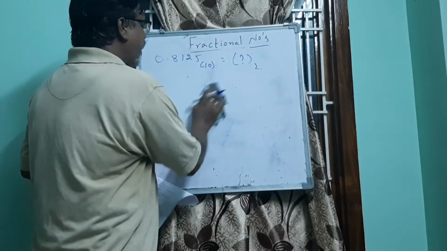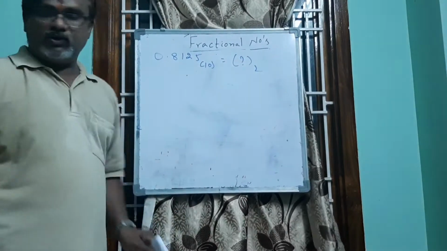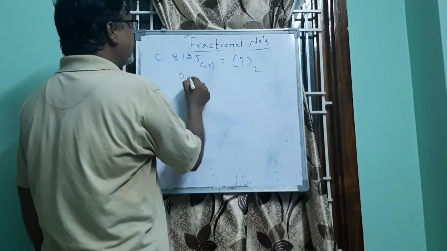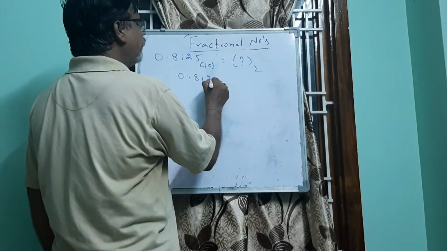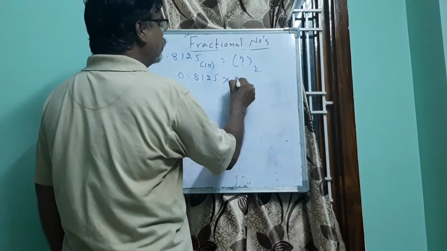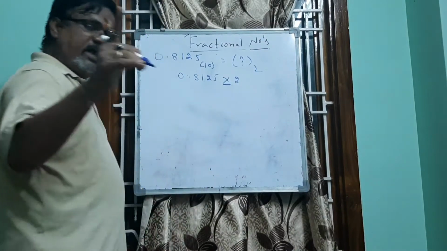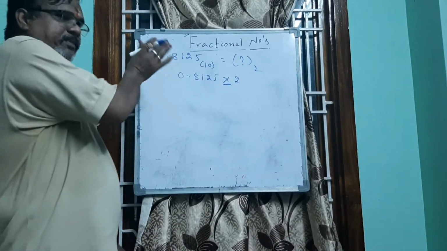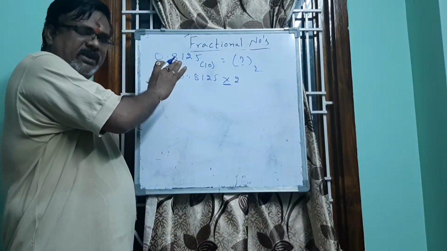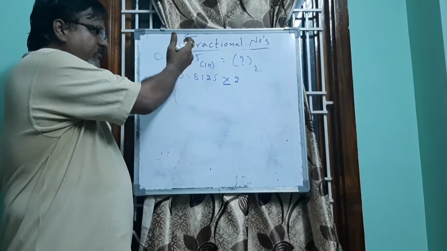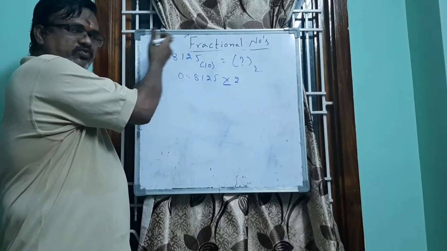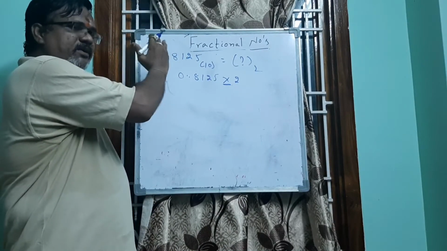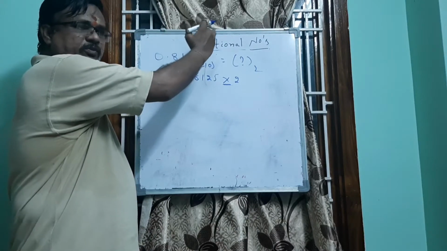So for any fractional decimal number you want to convert to binary, what we do is 0.8125 into 2. There it is division, here it is multiplication. In the previous one also, binary was converted to decimal, so the position values are 0, 1, 2, 3, incremented like that, but for the fractional part, -1, -2, -3 like that.